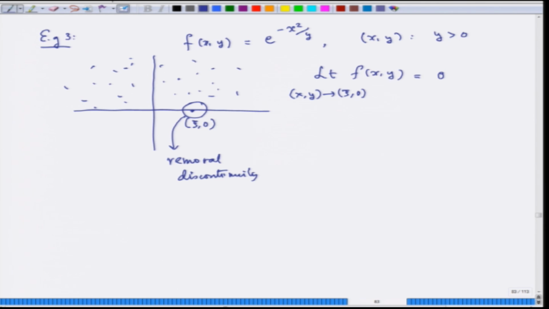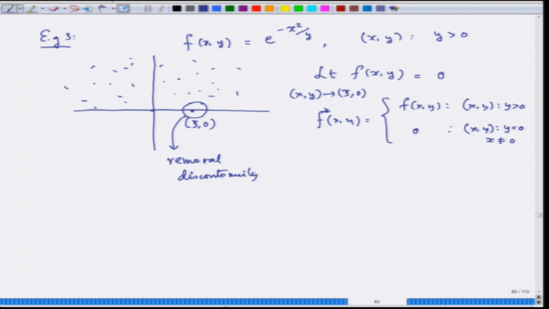Because I know this is the limit, I define f star of (x, y) equal to f of (x, y) for all (x, y) with y greater than 0, and equal to 0 for all (x, y) with y equal to 0. Of course, here also you have to take x not equal to 0, because here I am on the line.